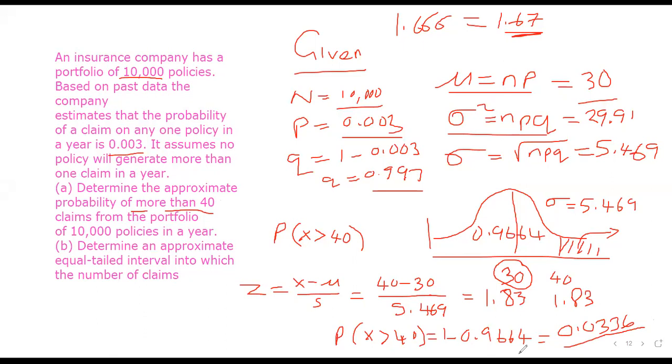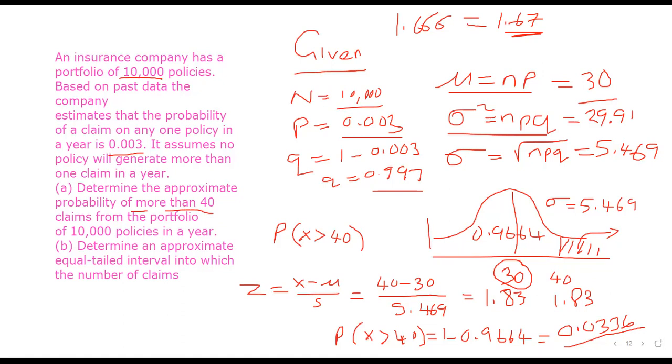Yes, we are. Then part B: determine an approximate equal-tailed interval into which the number of claims per year will fall with a probability of 0.95.